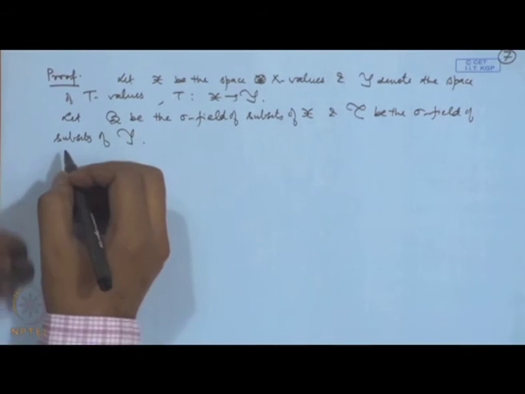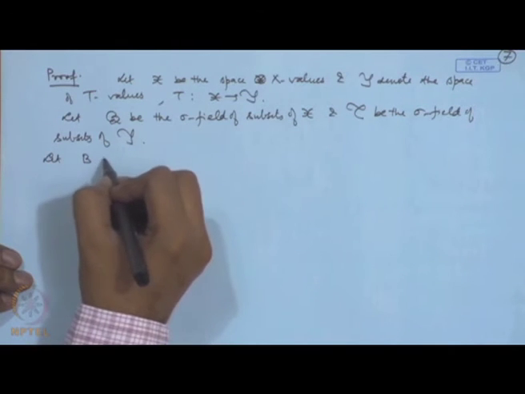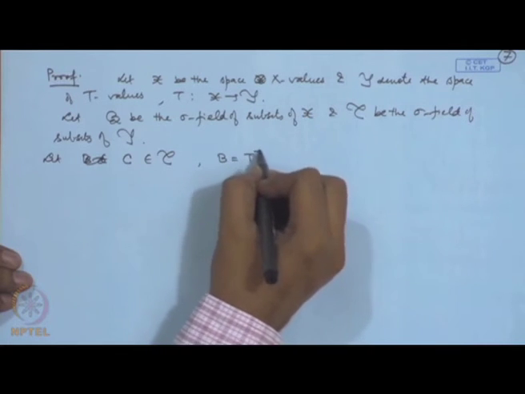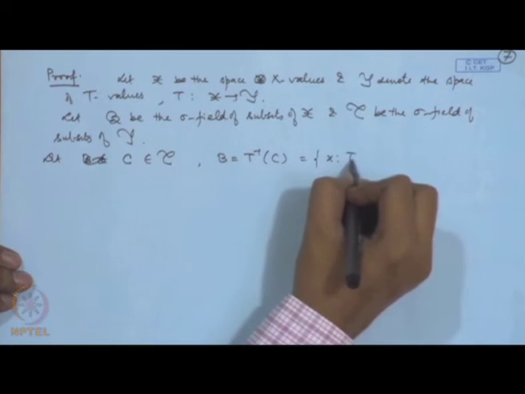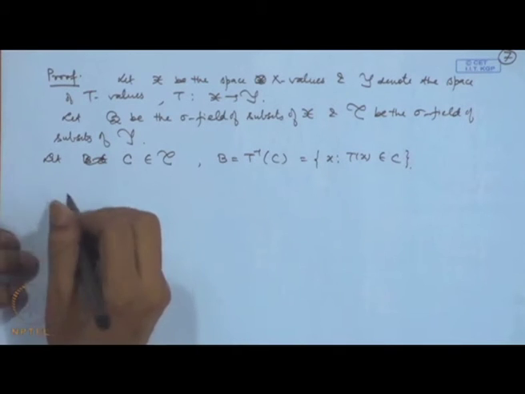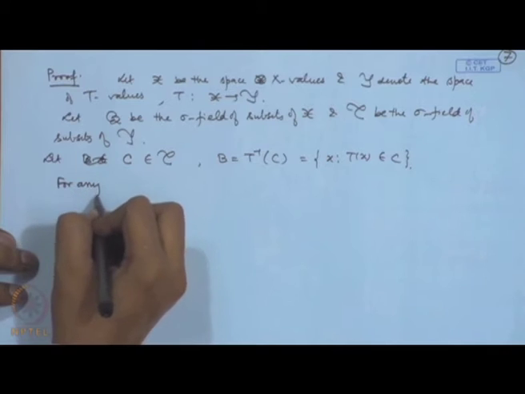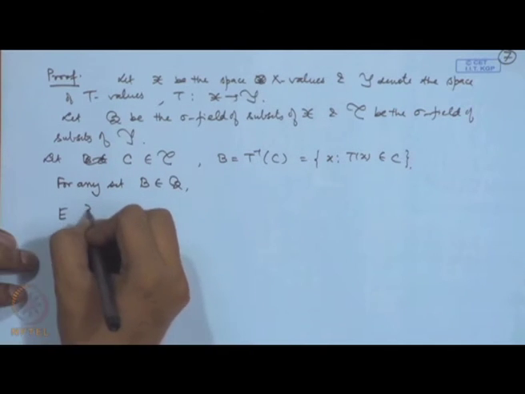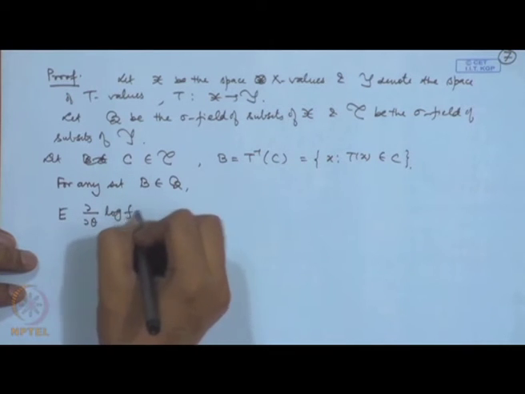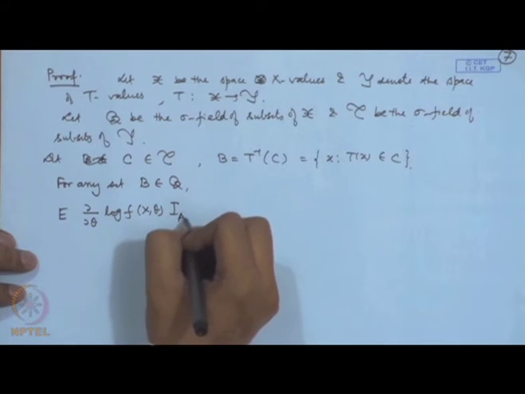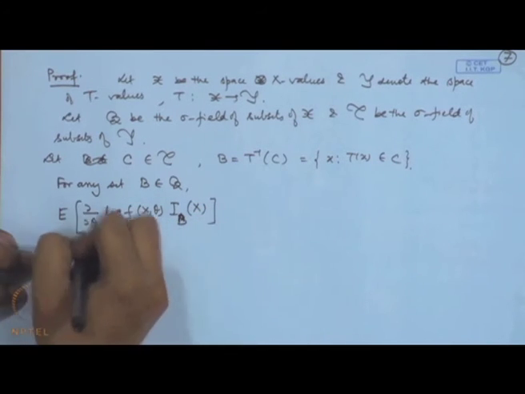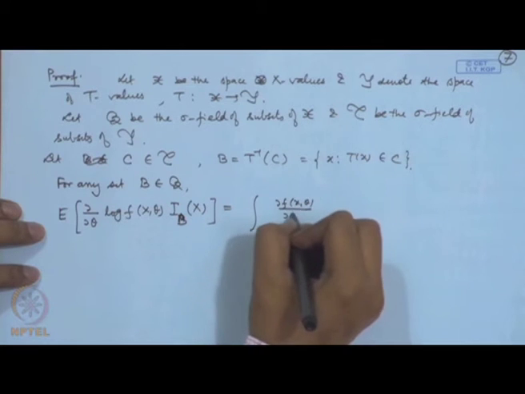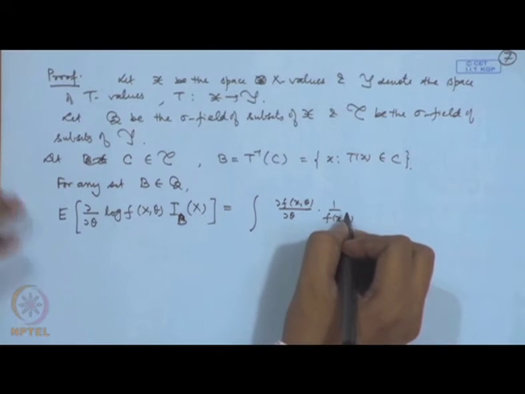So, now let us consider a set C in script C, then define B equal to T inverse C, that is the set of x such that T(x) belongs to C. So, consider any set B belonging to script B, and let us consider the expectation of del by del theta log of f(x, theta) over the set B. So, this is equal to the integral of del f by del theta divided by f(x, theta), times f(x, theta) d mu_x over the set B, because this is expectation.